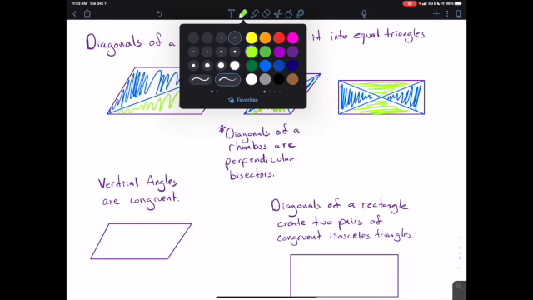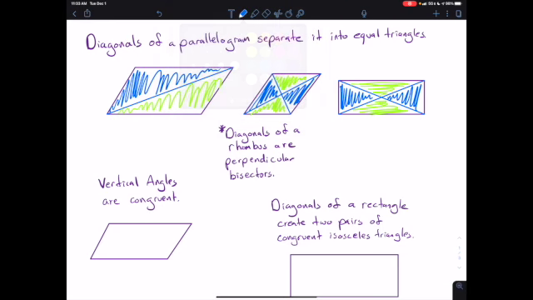Now, note that diagonals of a rhombus are perpendicular bisectors. So if this is a rhombus, so all of these are the same sides, then these are all 90-degree angles. And that appears to be the case. Even if this isn't quite perfect, it appears close, and so that is correct.